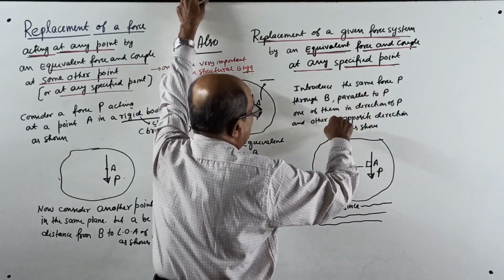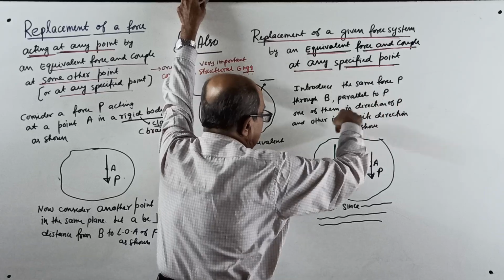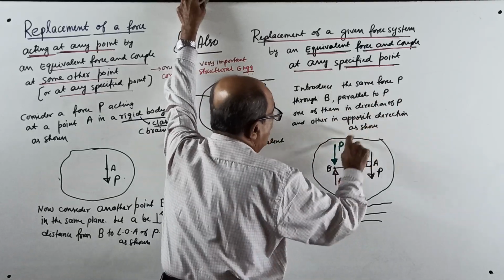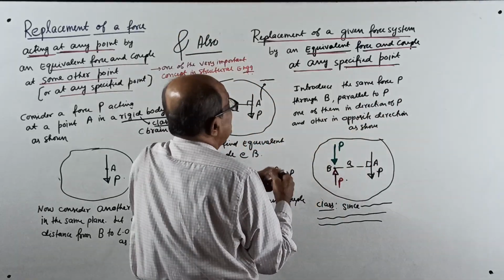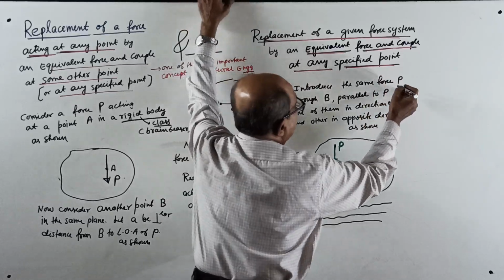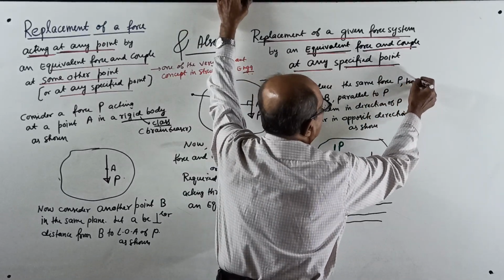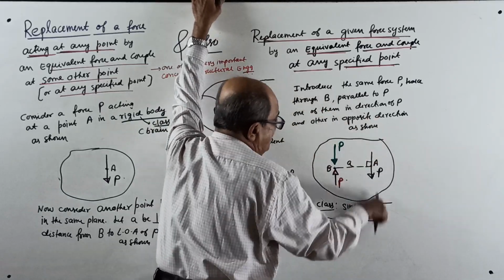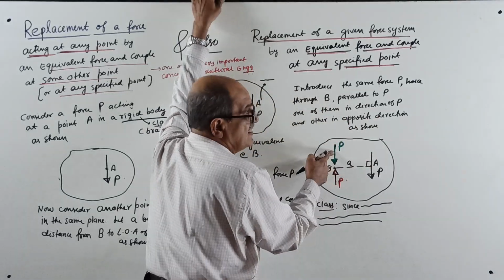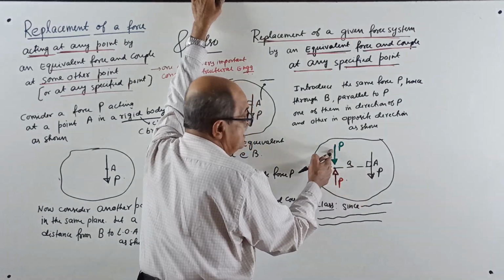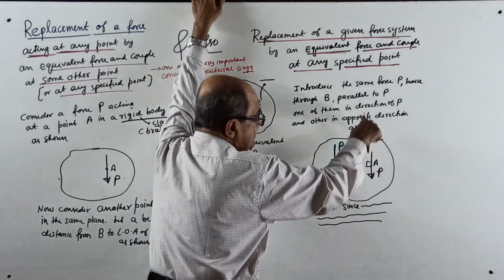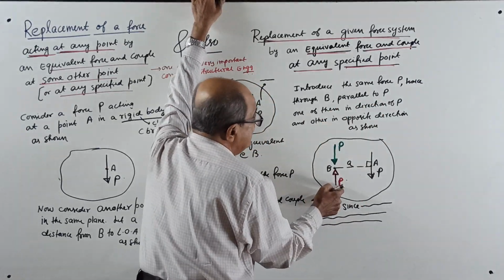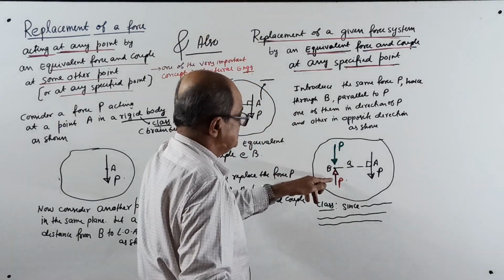One of them in the direction of P and the other in the opposite direction of P. See, if P is here, this is the green color, black is the original color. Green color is the same as P, red color is opposite to P, as shown.